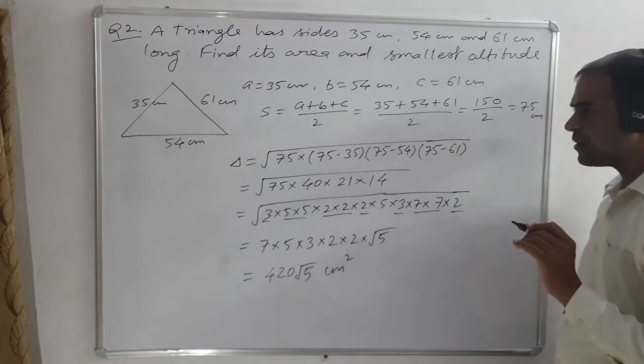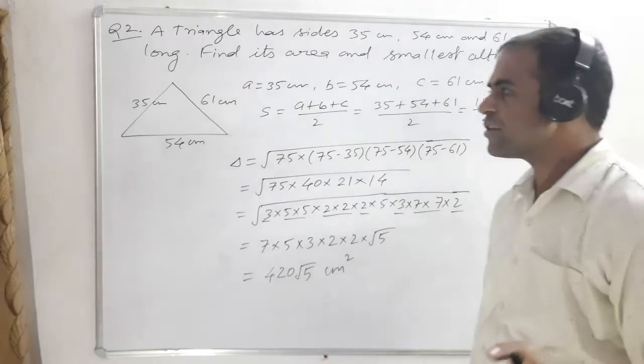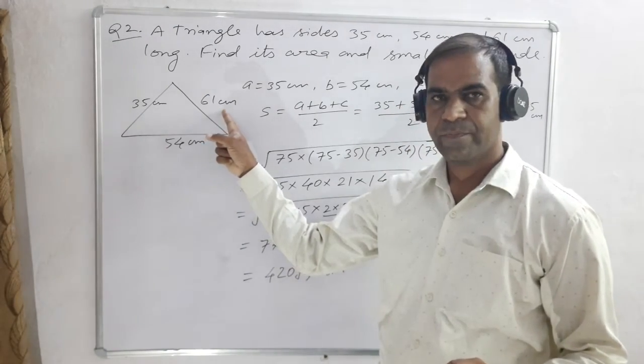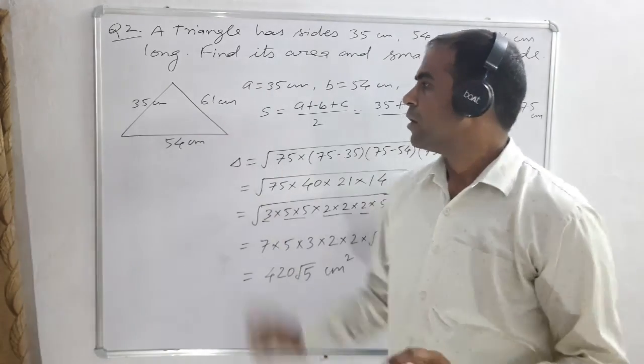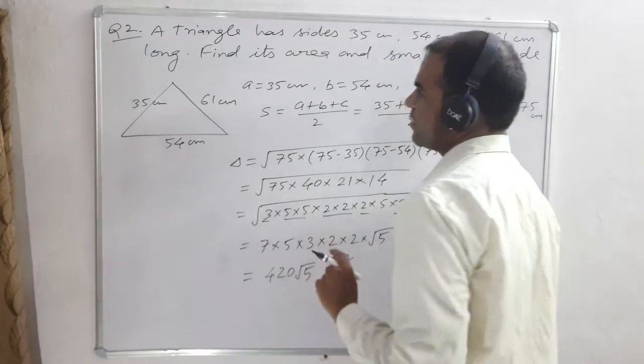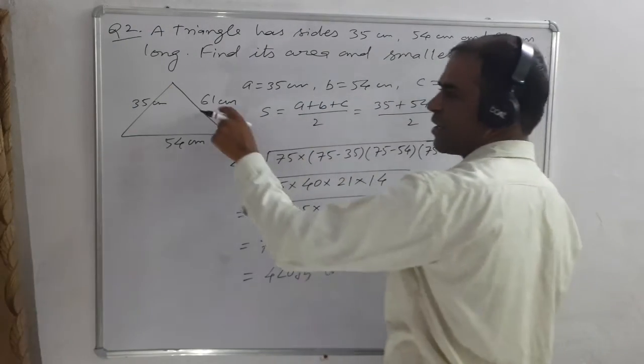And again find the smallest altitude. Smallest altitude is on the longest base, and the longest altitude is on the smallest base, these are the opposite. So here we will find the smallest altitude.